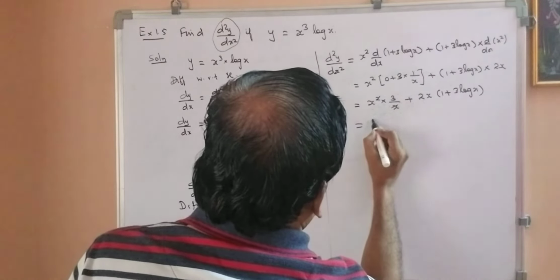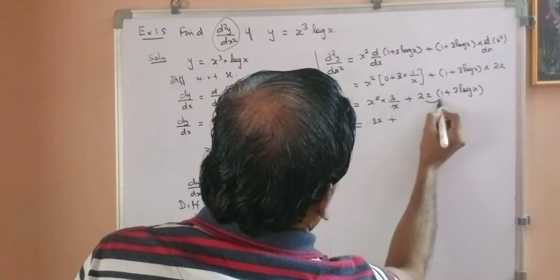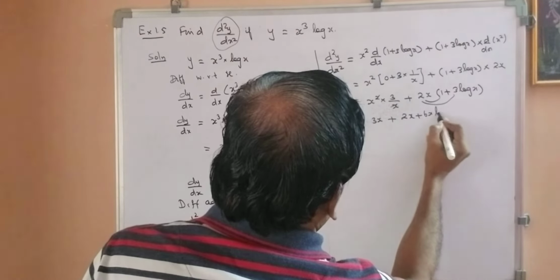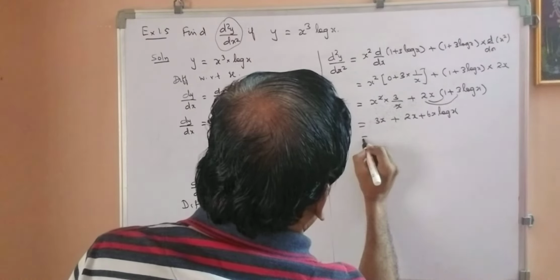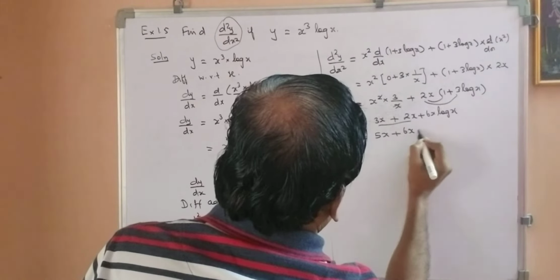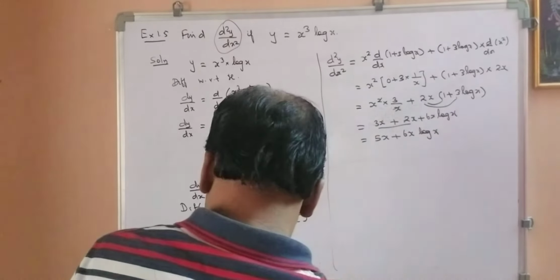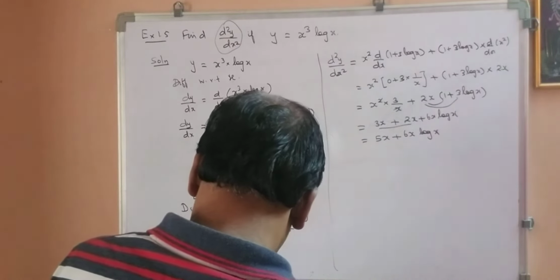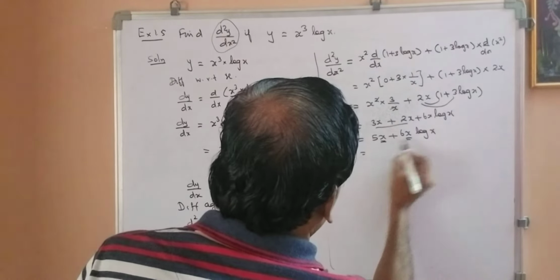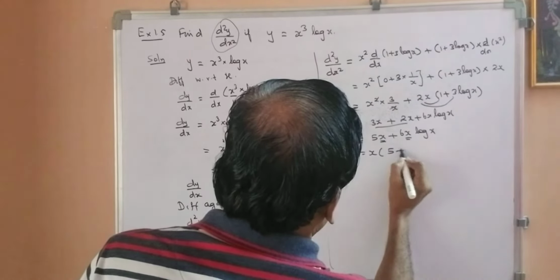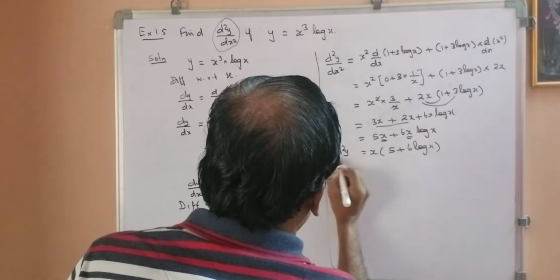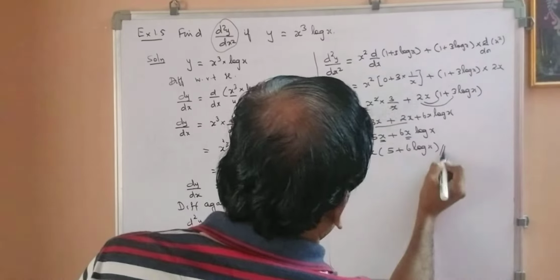So 3x plus 2x plus 6x log x. What is the like term? 5x plus 6x log x. What is common in these two? x is common. So x into 5 plus 6 log x is your second order derivative.